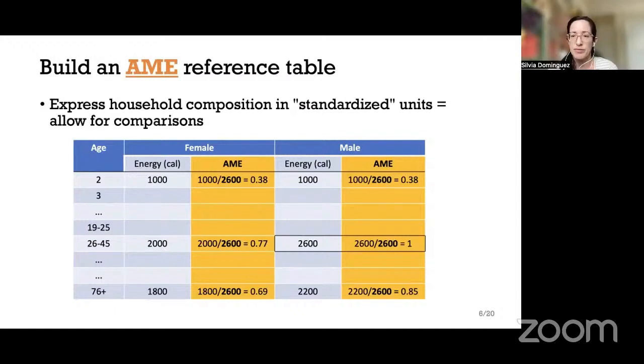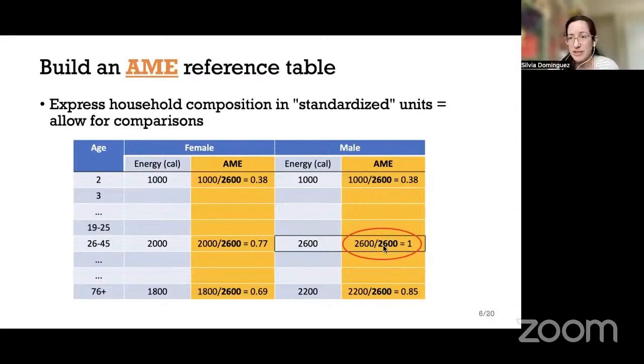So we will have, for example, different age groups, female and male. And this table is just an example, very simple. I built it to illustrate this point. You can see here that the male between 26 and 45 years old is, in this case, our adult male equivalent. Remember from the table before, we saw 2,600 calories.